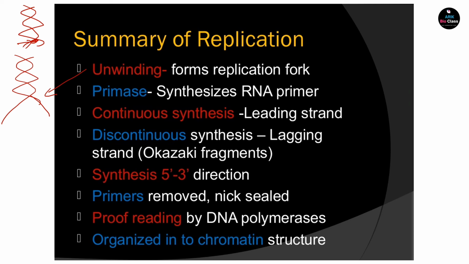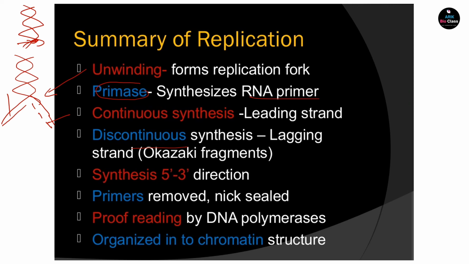Here we have a primase, which synthesizes the primer sequence, a small RNA sequence that we call the RNA primer, and after that the continuous synthesis of the DNA strand occurs, and on the other you have fragments synthesized. So discontinuous synthesis is called the lagging strand, and this is called the leading strand.